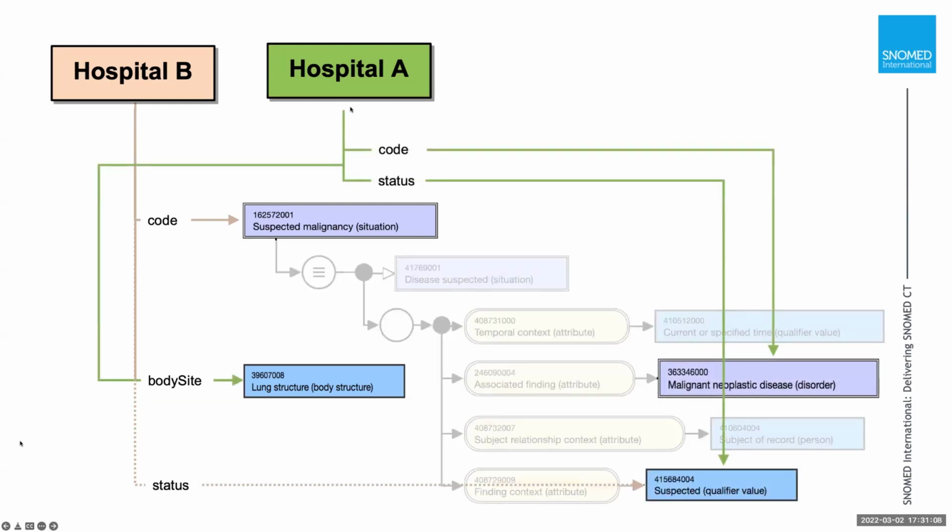And if we then compare that to the first hospital, you can see that the code suspected malignancy that Hospital B uses also has a link to the finding malignant neoplastic disease. So we know that Hospital B is actually referring to the same disorder as Hospital A. And the body side is the same, and the value for the status is the same.